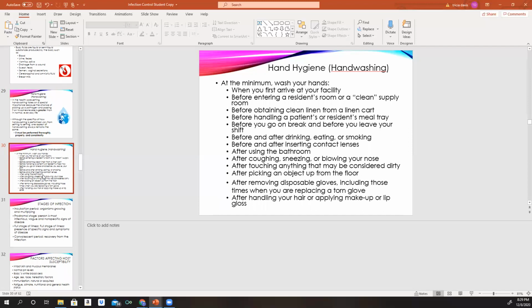So at a minimum, you wash your hands when you first arrive at your facility.